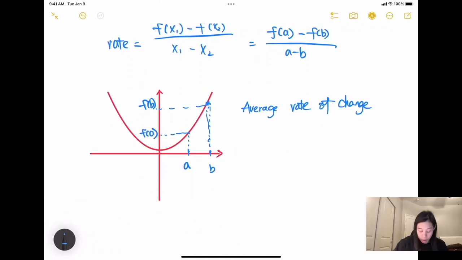But if you pay close attention, this is a curved line, right?